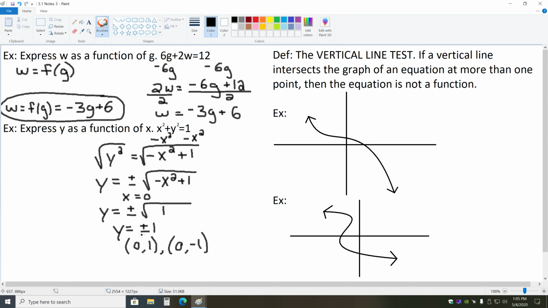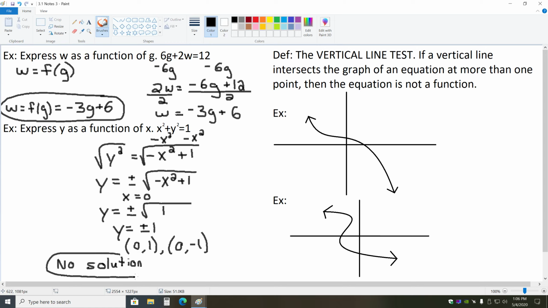Remember, you cannot have a function that repeats x values. We just repeated 0 with different y values. So y is not a function of x. It cannot be written as a function of x. So we would just write no solution, because there is no such function that exists here.